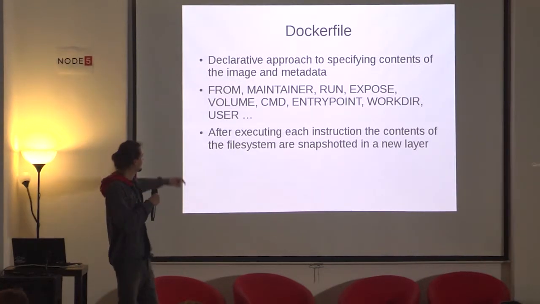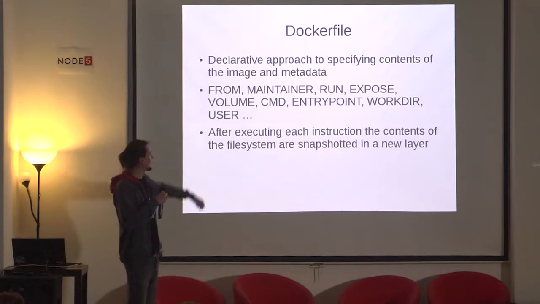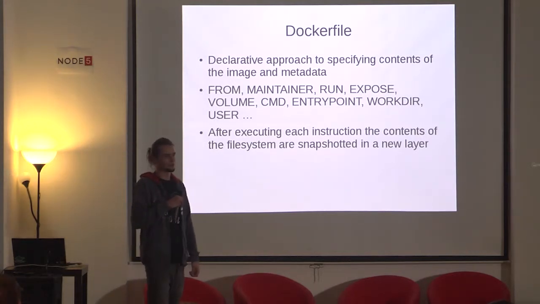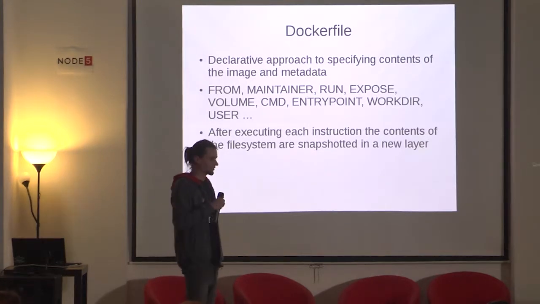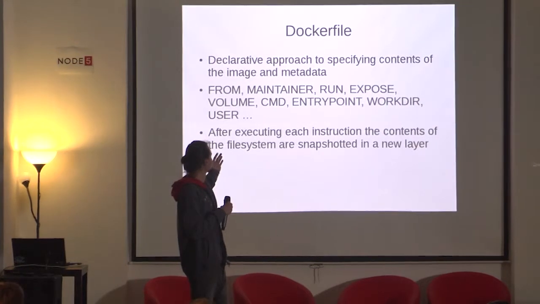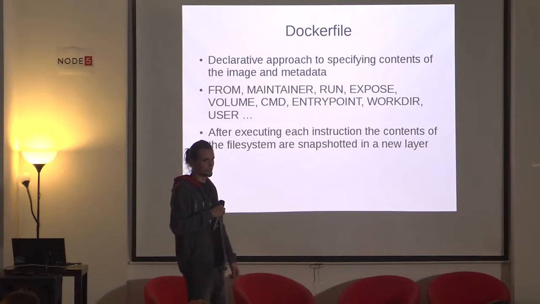Those keywords you can see here on the second line. So in short, FROM defines the base image on which this image should be based. You can either specify the image by name or name and tag, or you can also specify the full image ID.